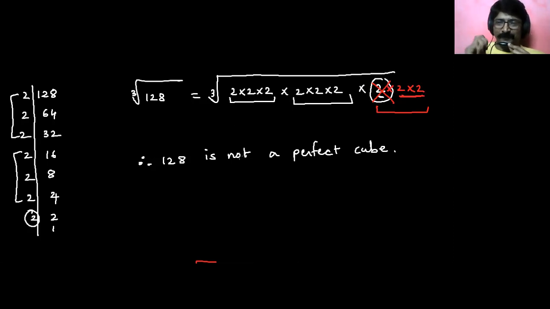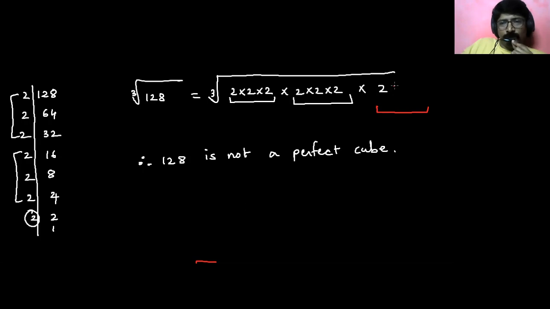Okay, one second. Some people are asking, can you do 1 second? Yes, sure, I can do it. Look at this, guys. I'll first of all remove this. Earlier there was only a single 2, isn't it? Now our question says what number should be multiplied so that this 128 will become a perfect cube.